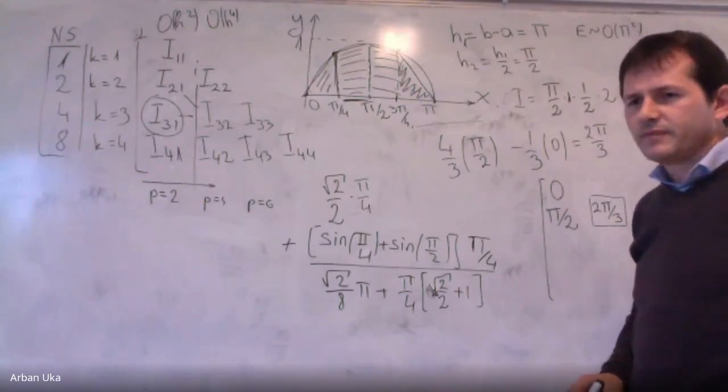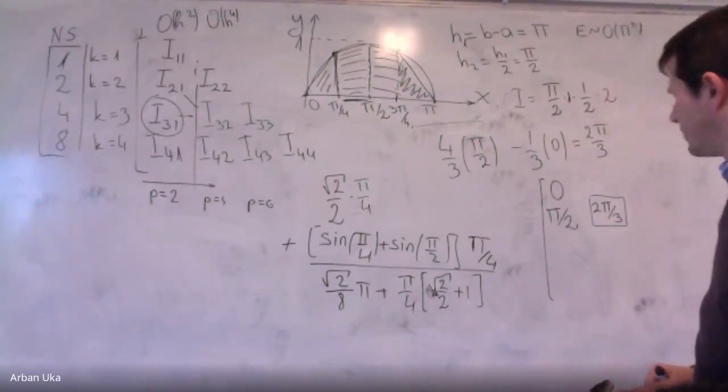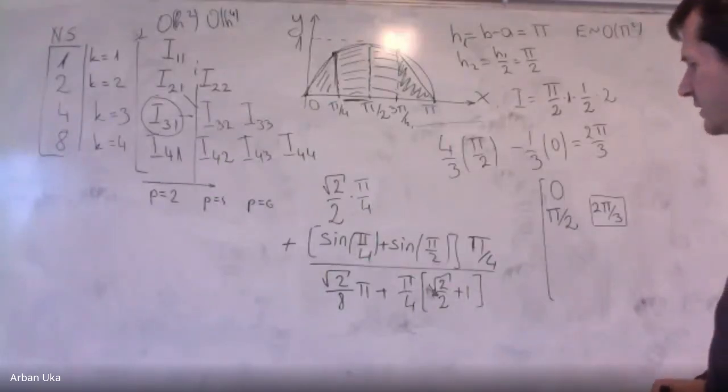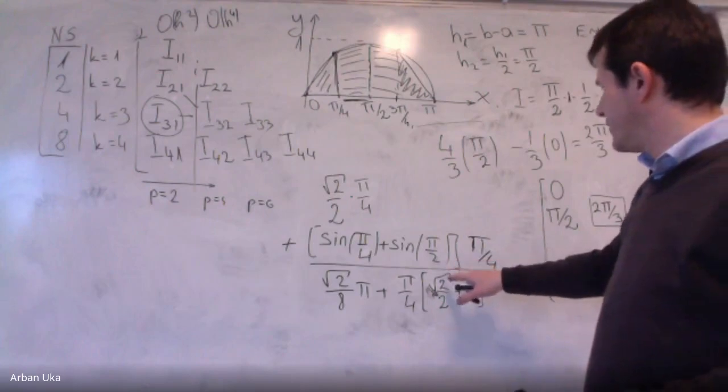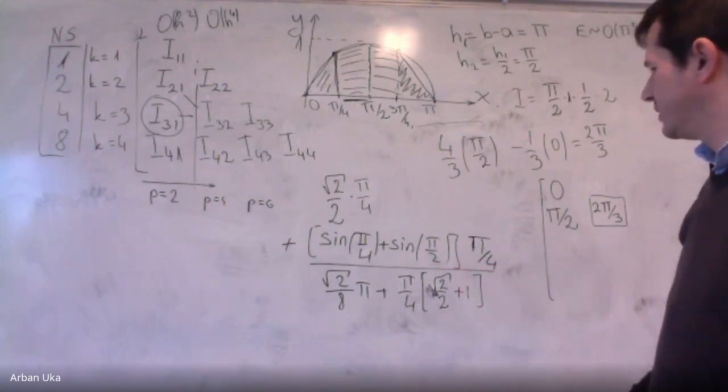And who can give me an answer for this one? Who can use the calculator? So is this correct? This is pi over 4. Yes, we have the square root of 2 over 2 plus 1.